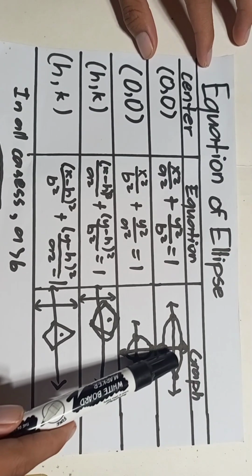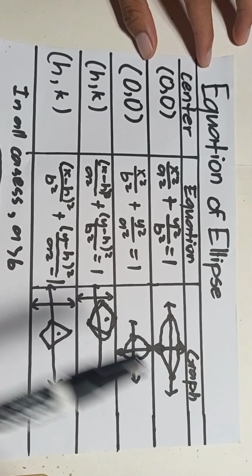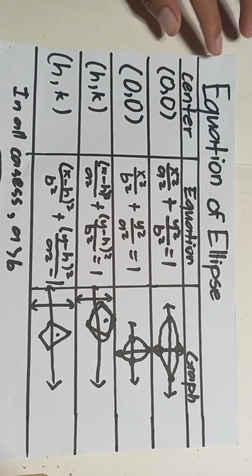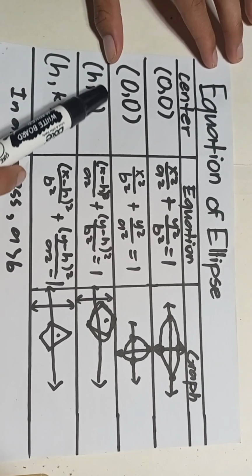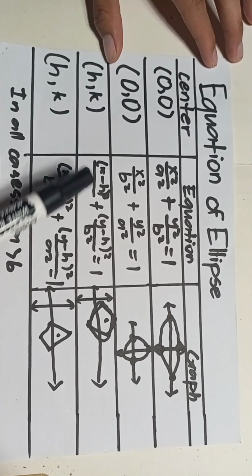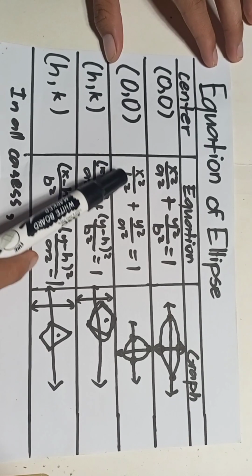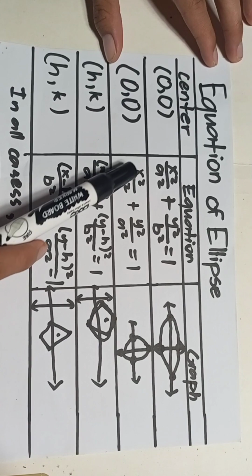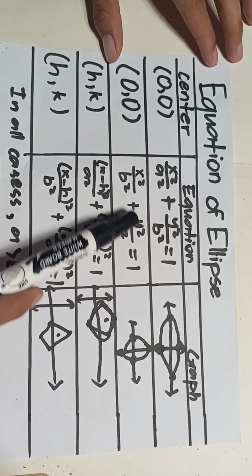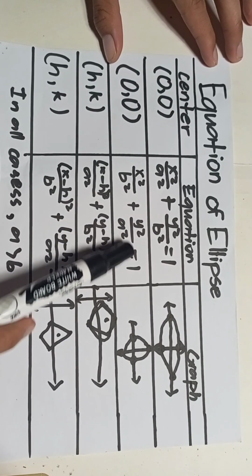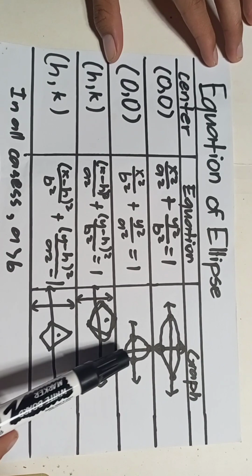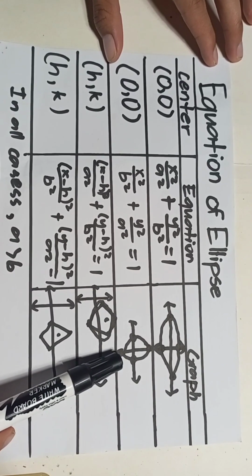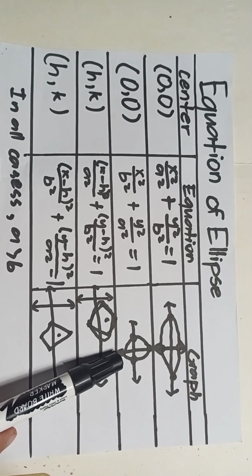The graph looks like this, you see? And the other one, if the center is at 0, 0, is x squared over b squared plus y squared over a squared equals 1. So the graph just looks like this.